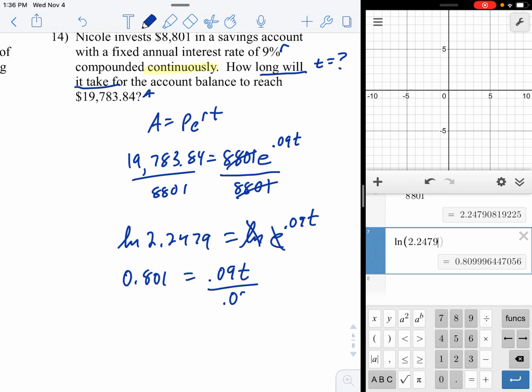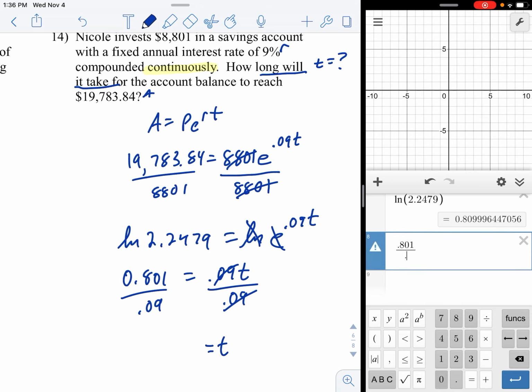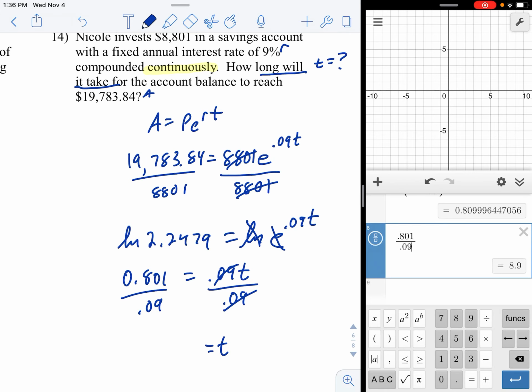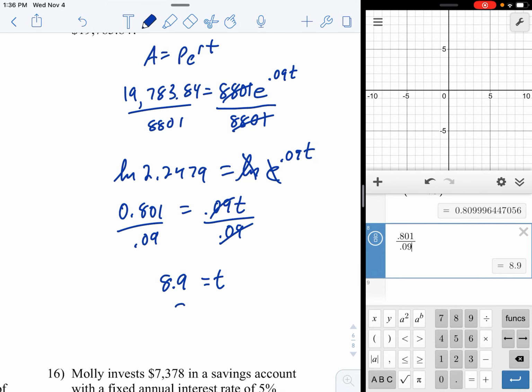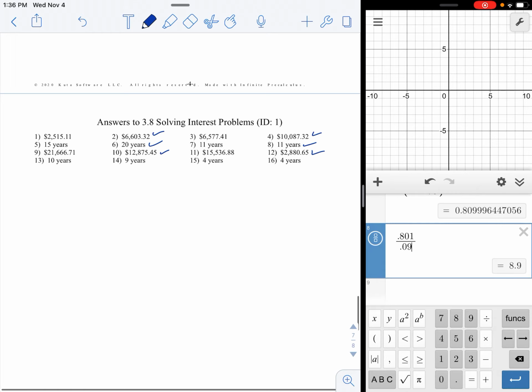Divide both sides by 0.09, and hopefully we get a number that is the right answer. 0.801 divided by 0.09. 8.9. Now with the rounding off, I have a feeling that our answer key is going to call this 9 years. I think we are finding answers accurate to the nearest year, and there it is.